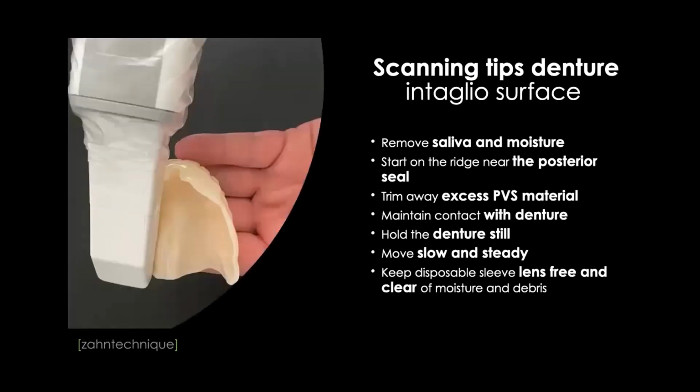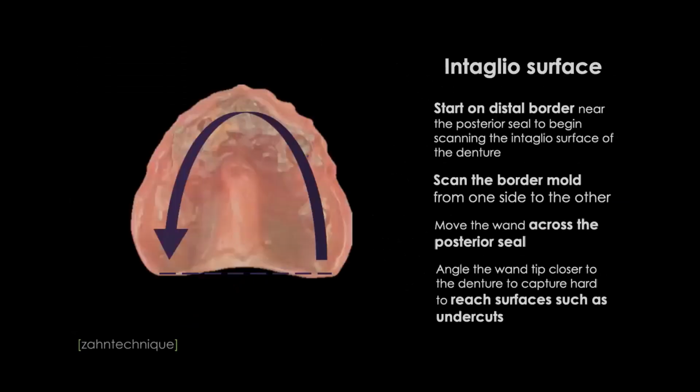And then the intaglio surface. You turn around the denture, again remove the saliva, it's the same thing we saw before. We're going over the intaglio surface, starting at the distal border near the posterior seal. And imagine now we have that soft tissue compression with that PVS material, right? You just compressed it. Now we have a really amazing impression of the soft tissue, and you scan basically the intaglio surface.